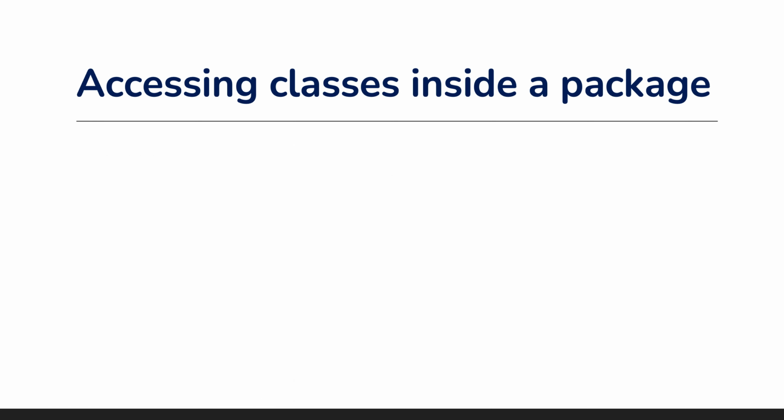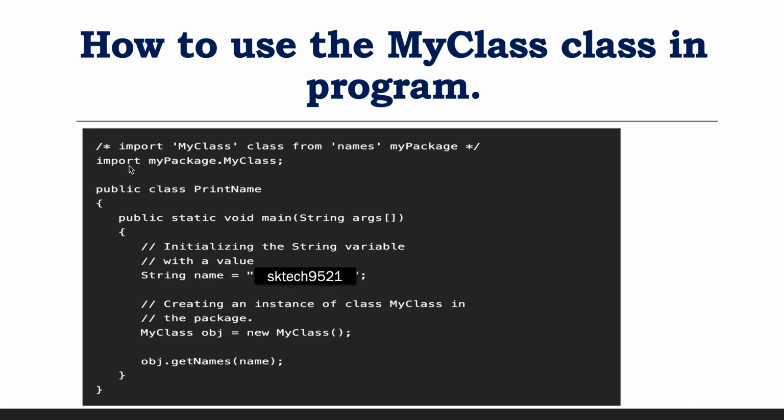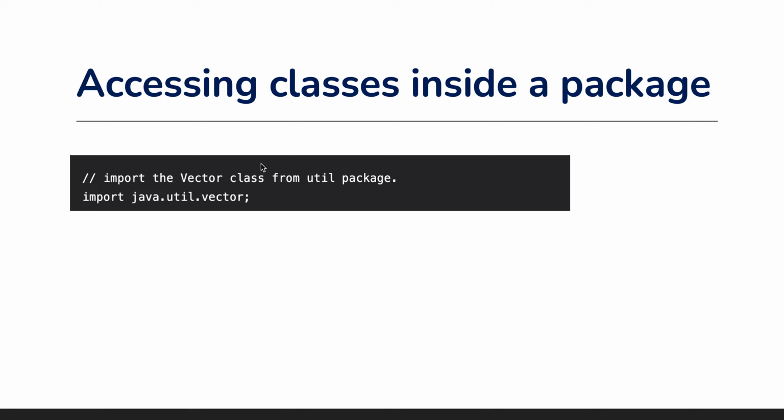Now let's see accessing classes inside a package. We have seen how we can access the package inside the class, right? We need to use the import statement. Similar to that, if we want to access the classes inside a package, let's say that the package contains multiple classes.